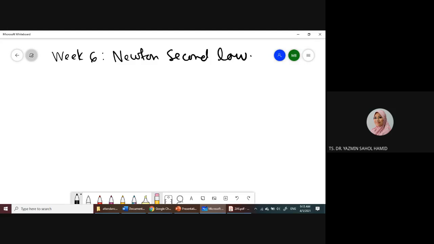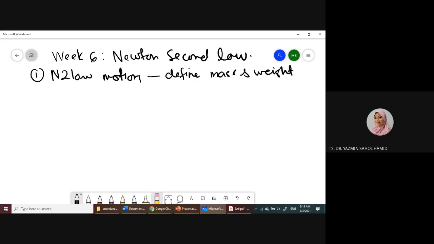Our objective today is to state Newton's second law of motion, identify it, define the mass and weight, and analyze the acceleration.